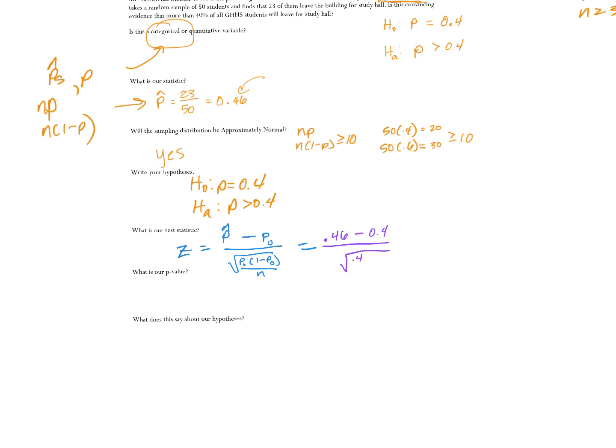And then we do the square root of 0.4 times 0.6 over 50. I don't know what that works out to be.